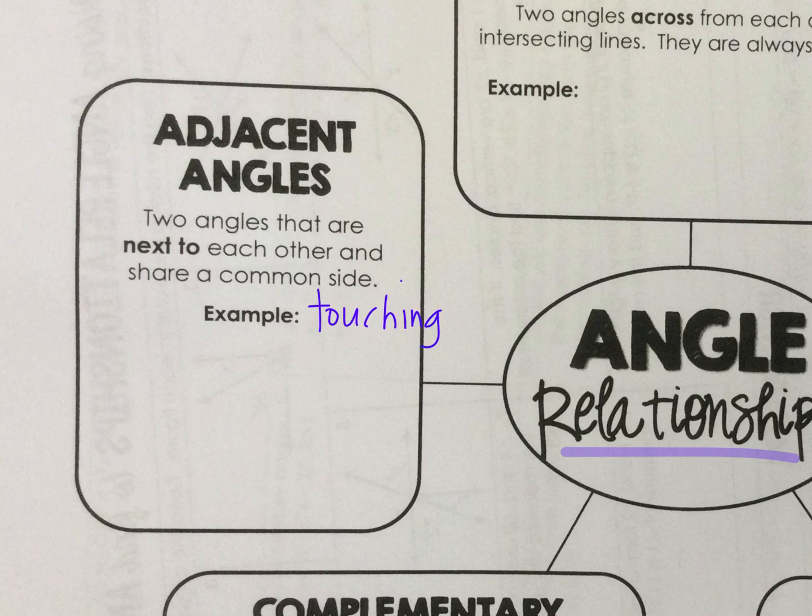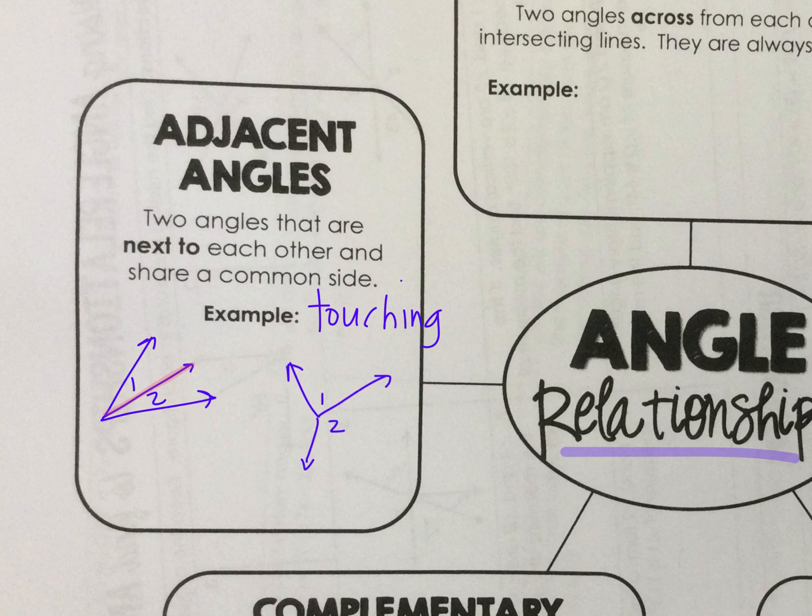So let's draw some examples. Angle 1 and angle 2 are adjacent because they're sharing this line right here. Let's draw another picture. Angle 1 and angle 2 are adjacent.